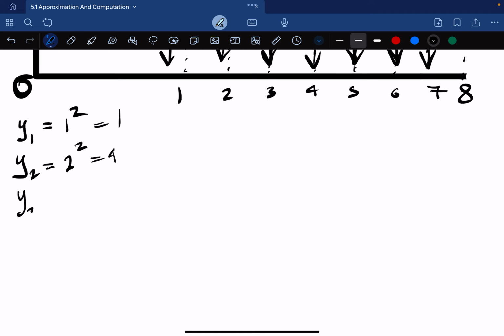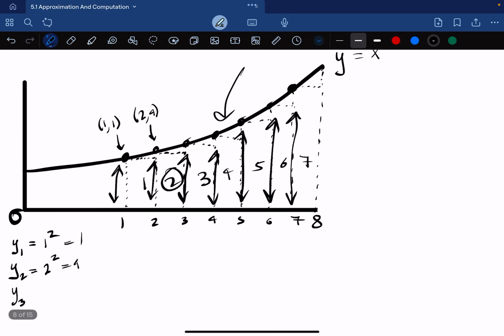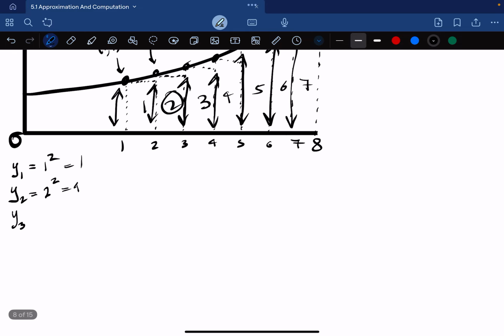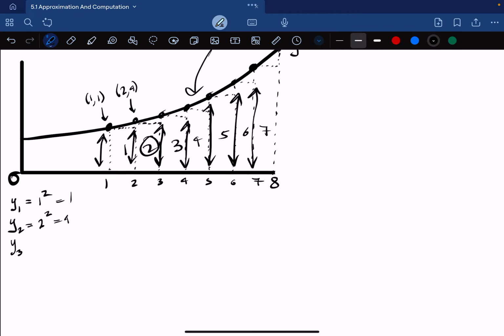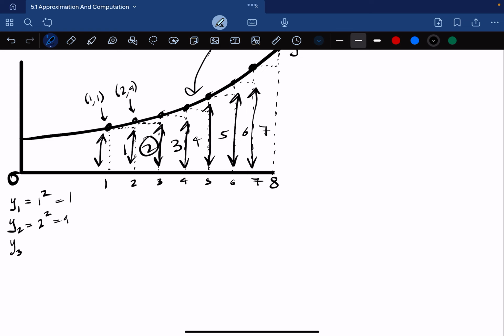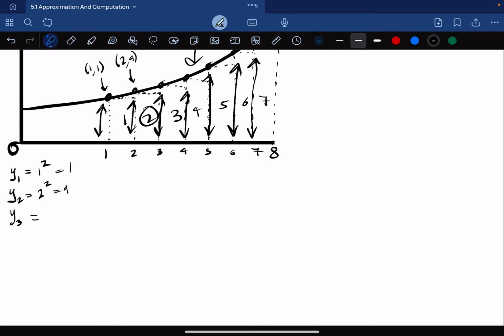And then if you do this repeatedly, all the way until the seventh rectangle, what you'll find very quickly is that it's going to look something like 3, so 3 squared, so 9.